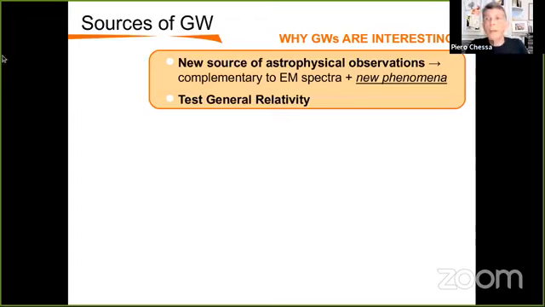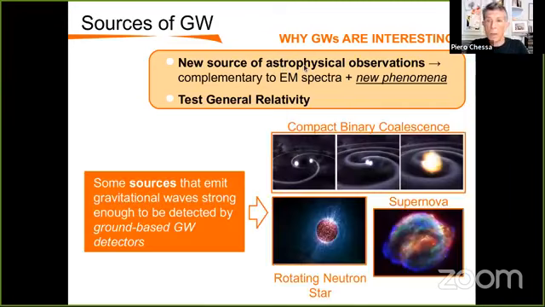So now we have a detector for quite peculiar astrophysical phenomena. Here is a short list of them. First of all, coalescence of compact binaries.